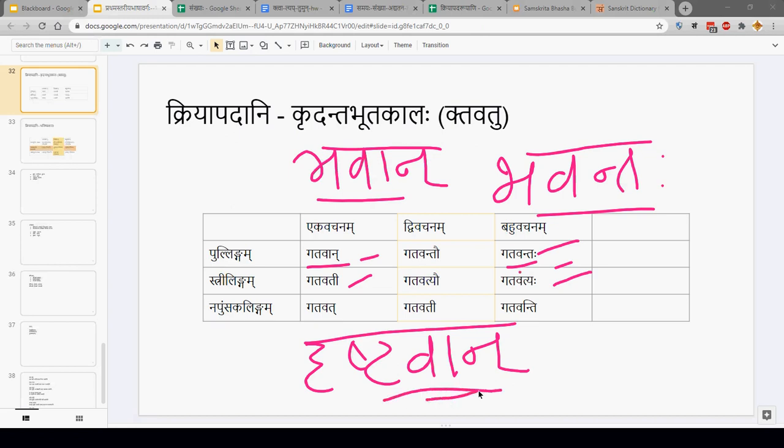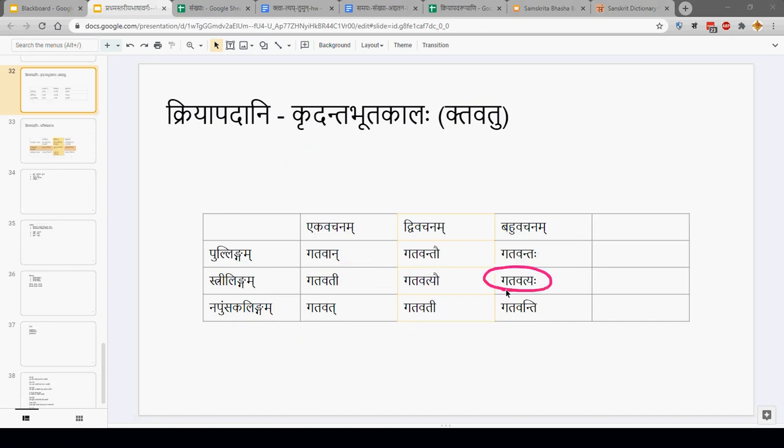Because these are past participle adjective forms, they remain the same for aham and bhavan. So aham chitram drishtavan, bhavan chitram drishtavan. Doesn't matter because this is an adjective noun form. Aham chitram drishtavati, bhavatyaha, strilingam.